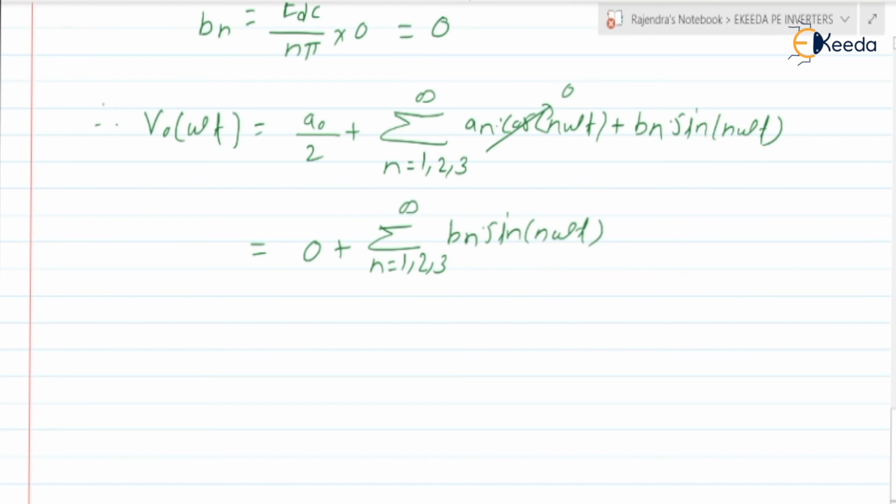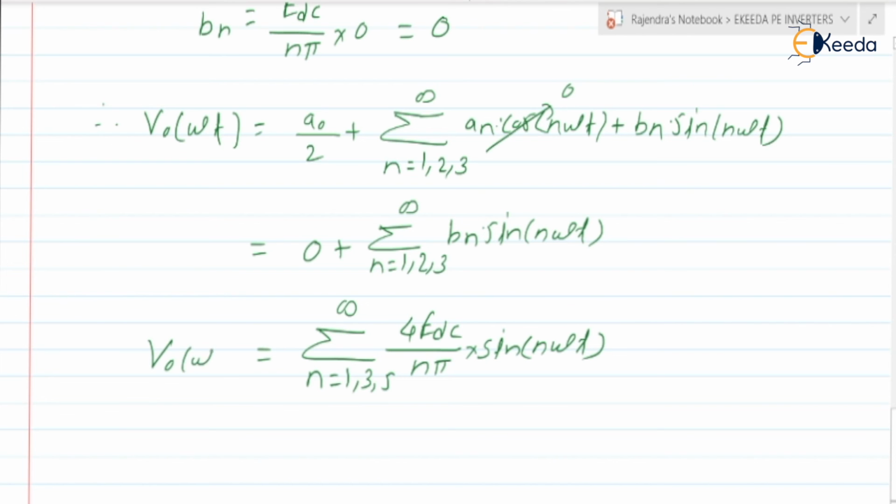But for bn also, for even values of n it is 0, so only odd n's are present: 1, 3, 5, 7 up to infinity. The value of bn for odd n is 4 Edc by n pi, so 4 Edc divided by n pi into sin of n omega t. This is the v0 of omega t.